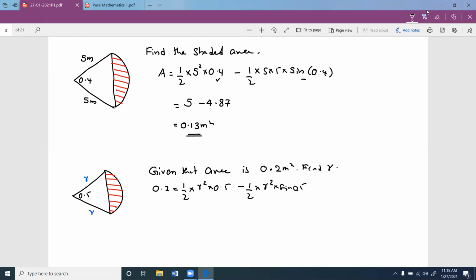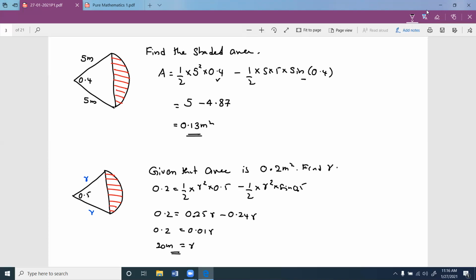From here you get 0.2 equals 0.25 r squared minus sine 0.5 divided by 2, which turns out to be 0.24 r squared. From here you get 0.01 r squared equals 0.2. Therefore r squared is equal to 20, so r is about 4.47 meters. That's a way of solving this kind of question.